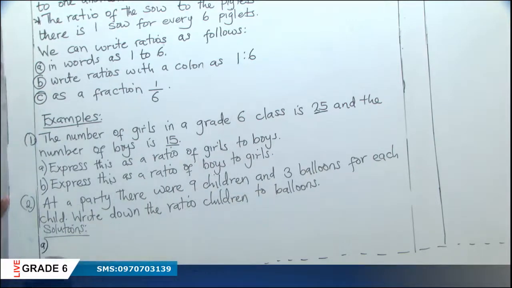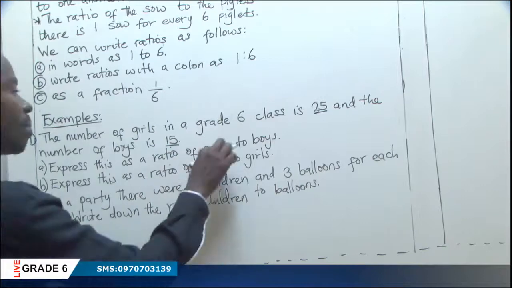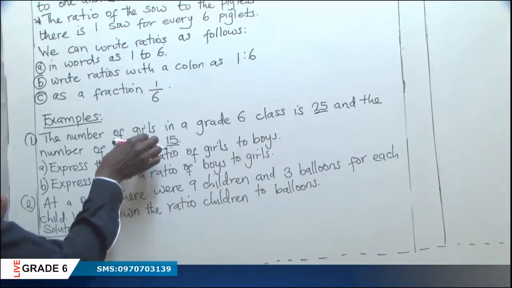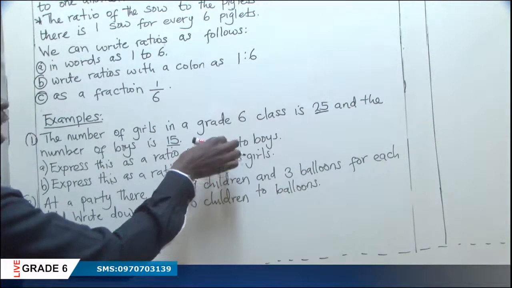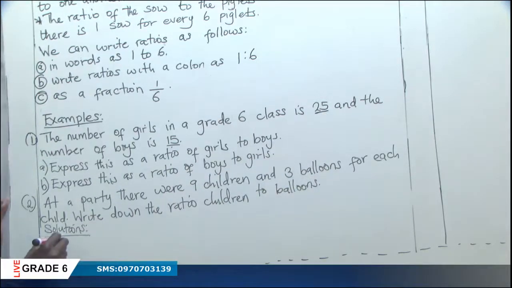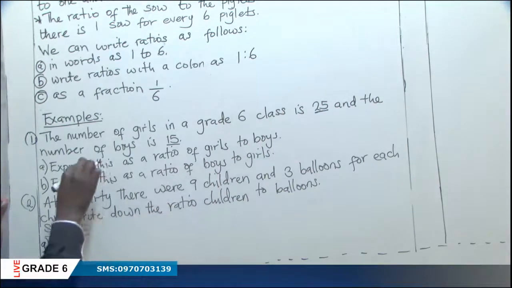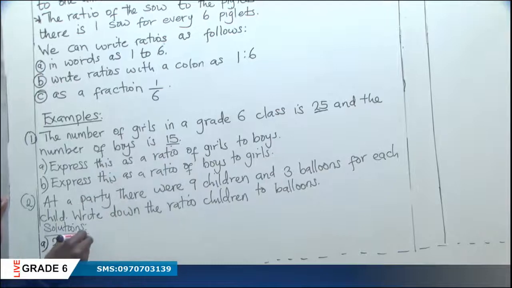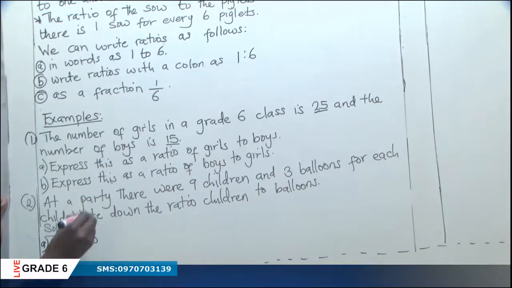Okay, it's important for you to know the way the ratios are appearing. In this case, the number of girls starts first, and we know the number of girls is 25. So you write 25 to, and the number of boys is 15. So it's 25 to 15.